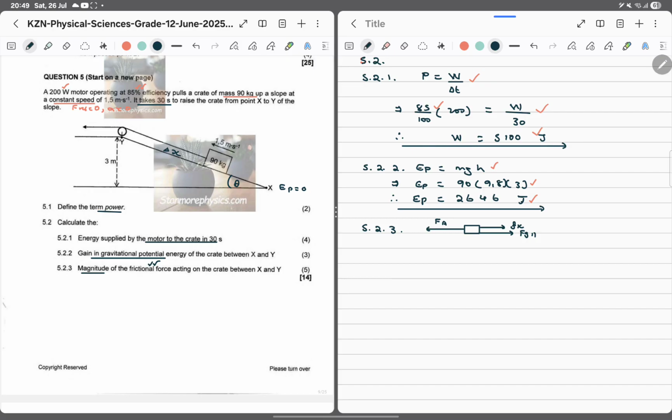Okay. So this is the unknown. Now this means we need to find out what that force is. But now the issue is also going to come when we get here. This one is troublesome because we don't know the angle. So we need to find a way.